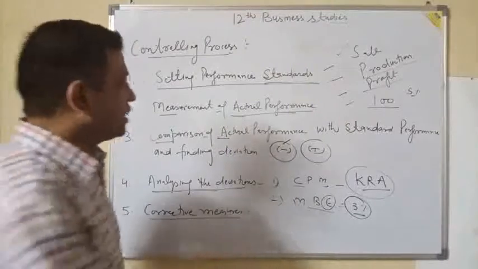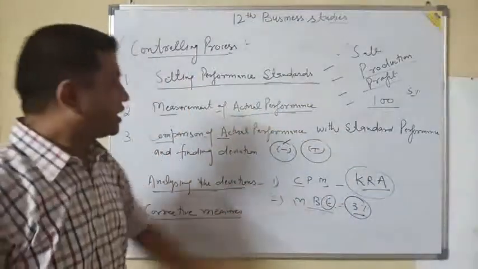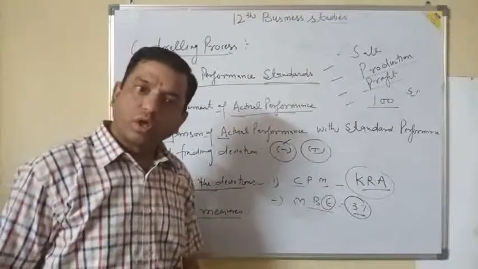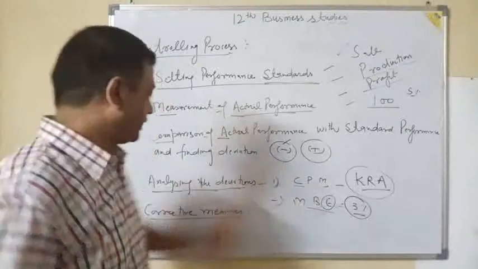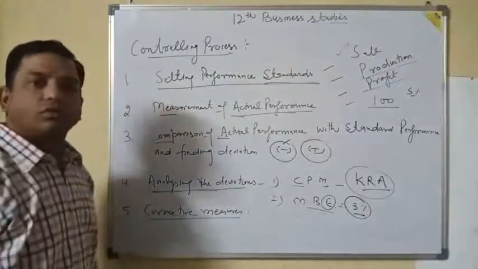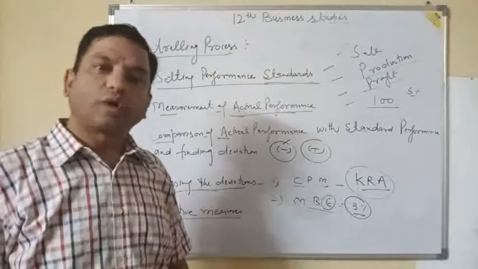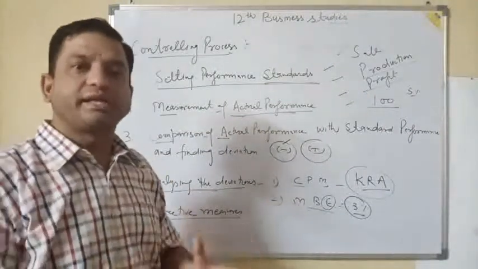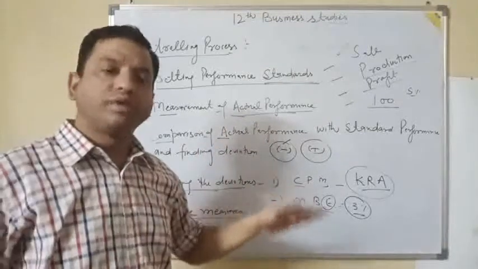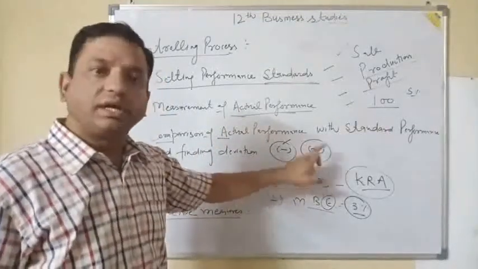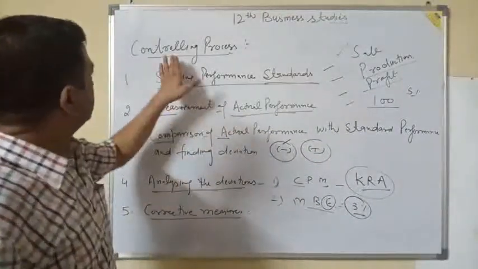Then we follow the two techniques: one is CPM, critical path management, and second is management by exception. And the last step, the controller has to take corrective measures to change the situation if it is negative, and to keep on moving with the same strategy if the deviations are really positive. Okay, this is all for this controlling process.